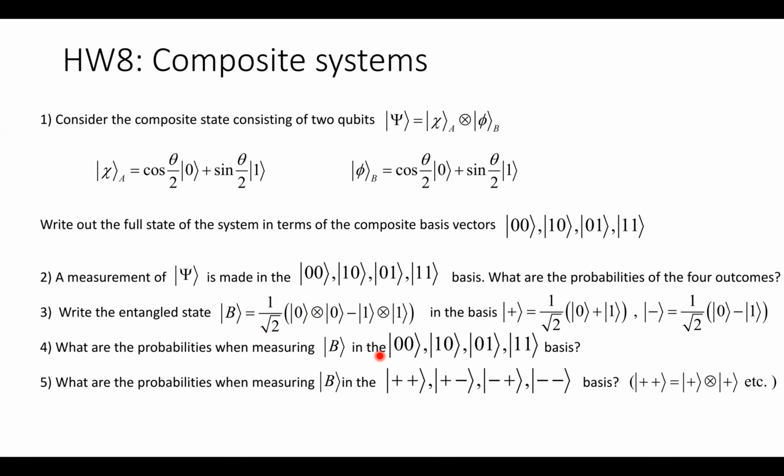And then again, here you can rewrite the basis in terms of this plus minus. What you do here is first find the inverse relation, so you invert this transformation, then substitute that into there, and then just factorize.